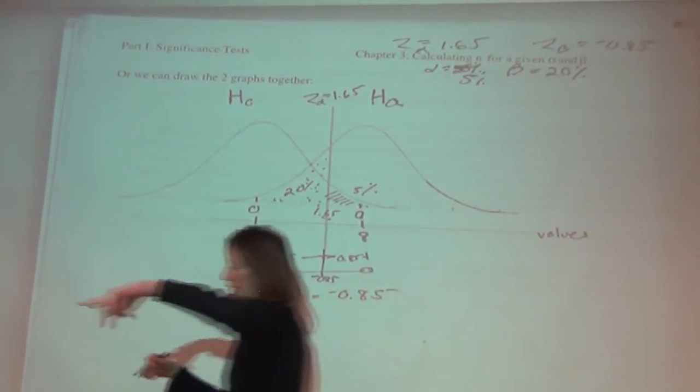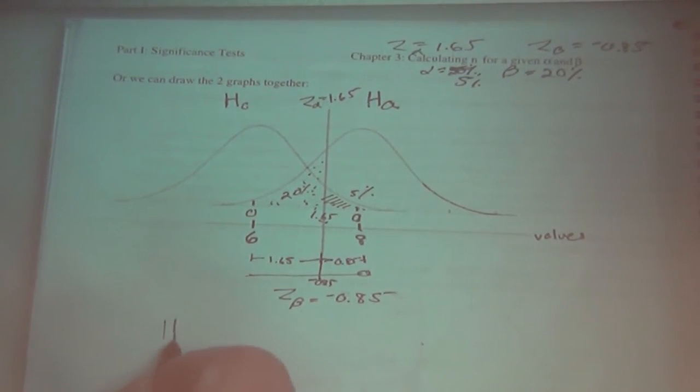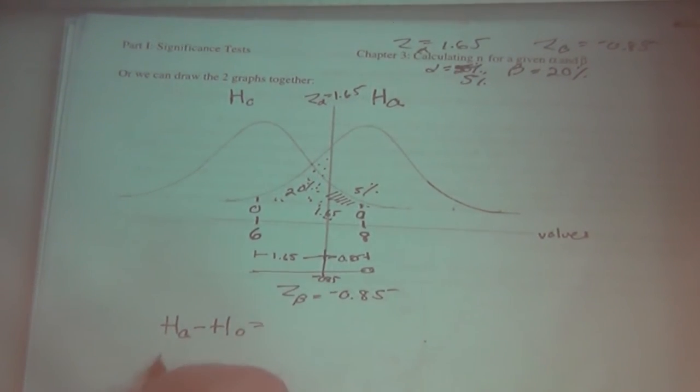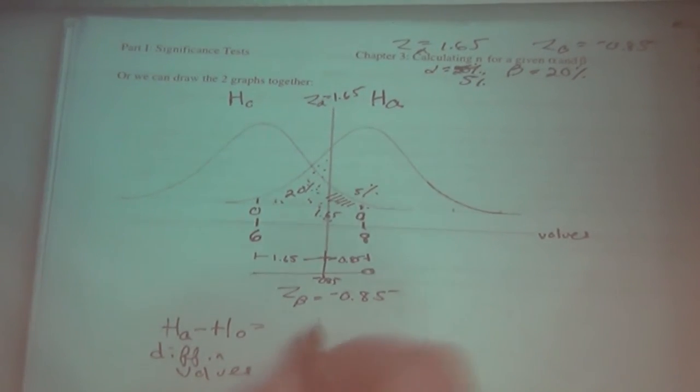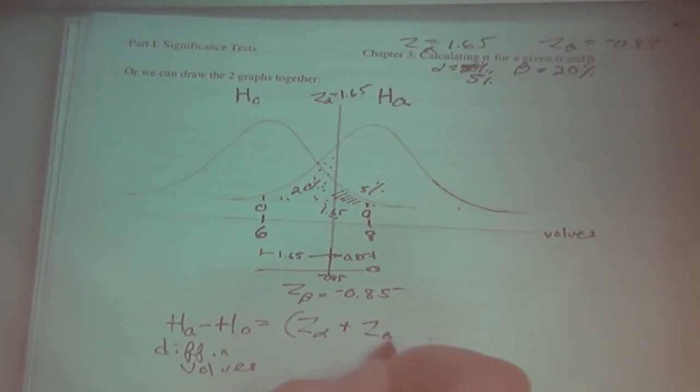All right, let me go back and write it. There's a number. So we know that's 2. This is the whole deal. So we know our difference that we care about, the alternative difference, that's our difference in values, that's 2. And we also know it as a z-score, z alpha plus z beta.